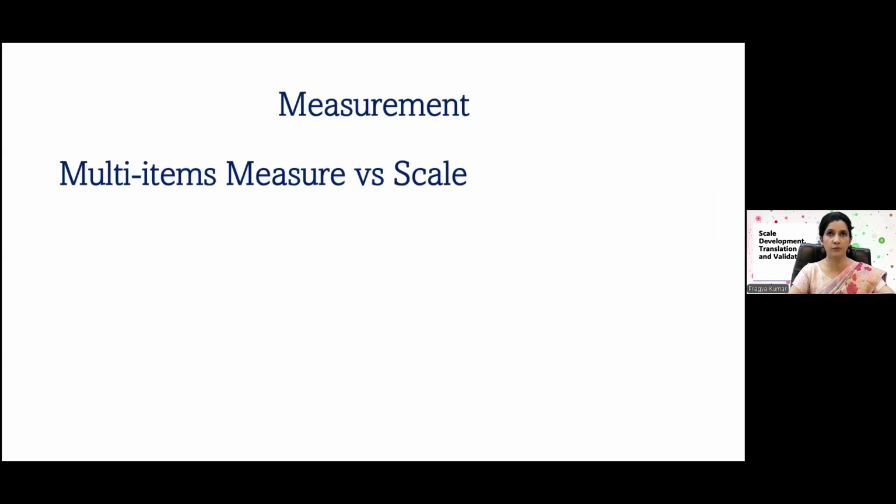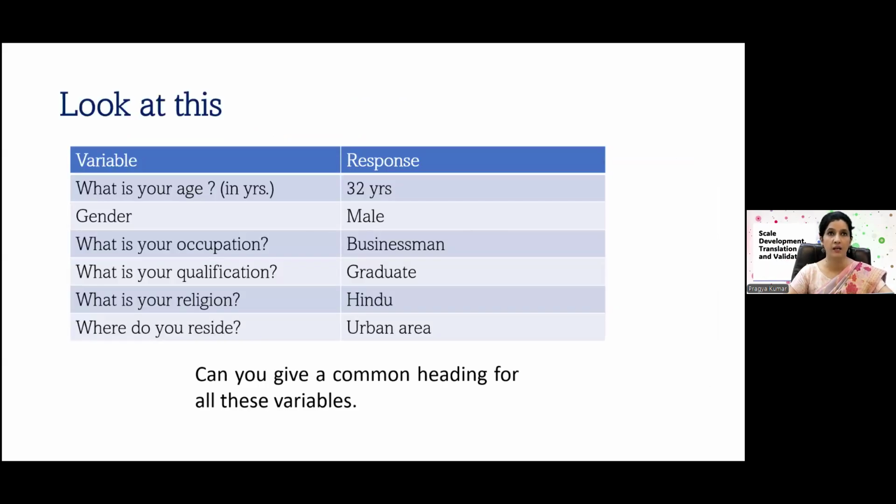So now coming to measurement, what is a multi-item measure and what is a scale? Many times we use a multi-item measure and we call it a scale. So let's understand this concept, because it is very, very important to differentiate between a multi-item measure and a scale. Now look at this example.